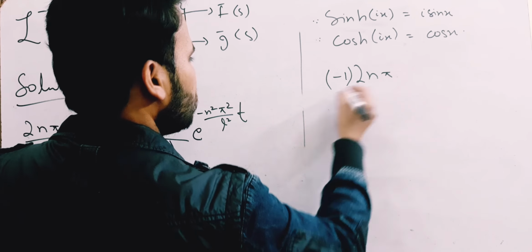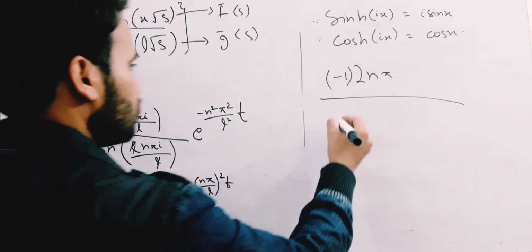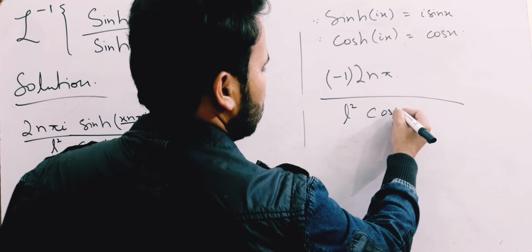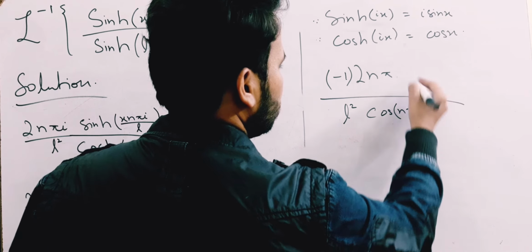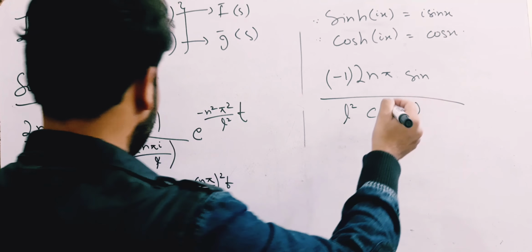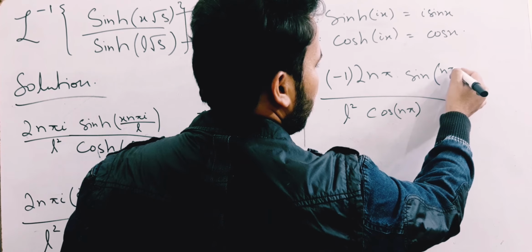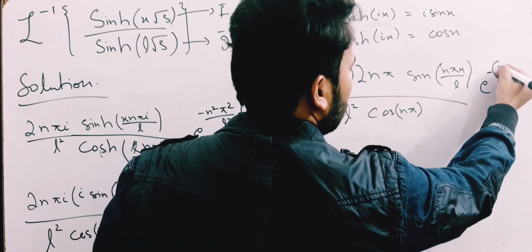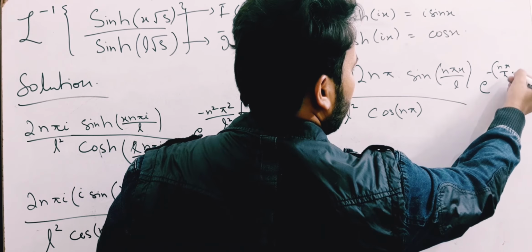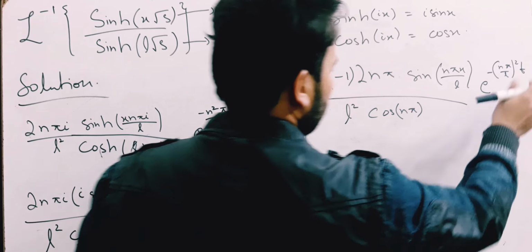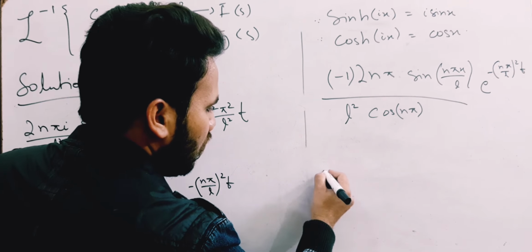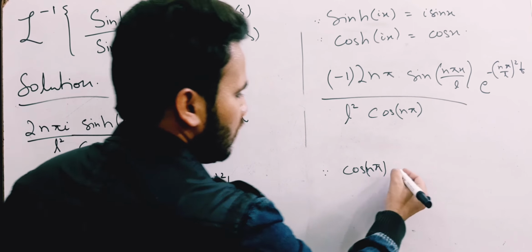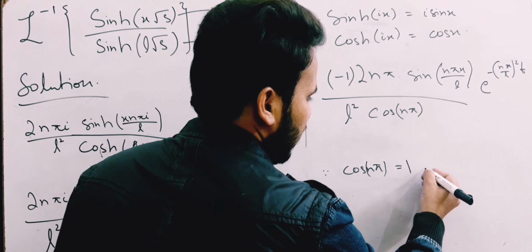So we get minus 2n pi over l square, cosine n pi, sine of n pi x over l, e power minus n pi over l whole square times t. Now cosine n pi equals 1 or minus 1.